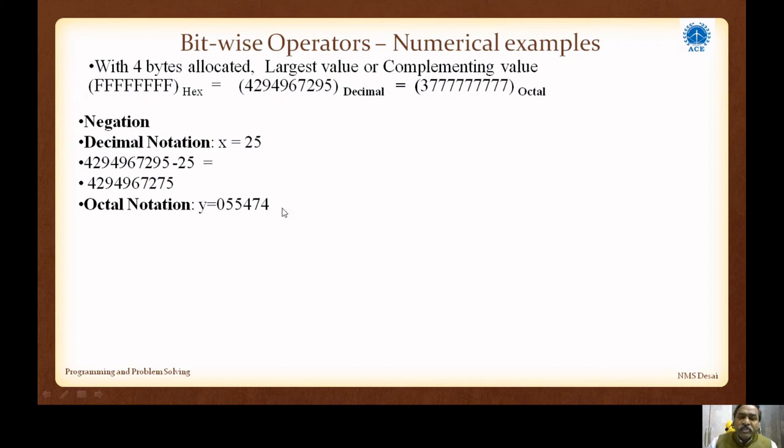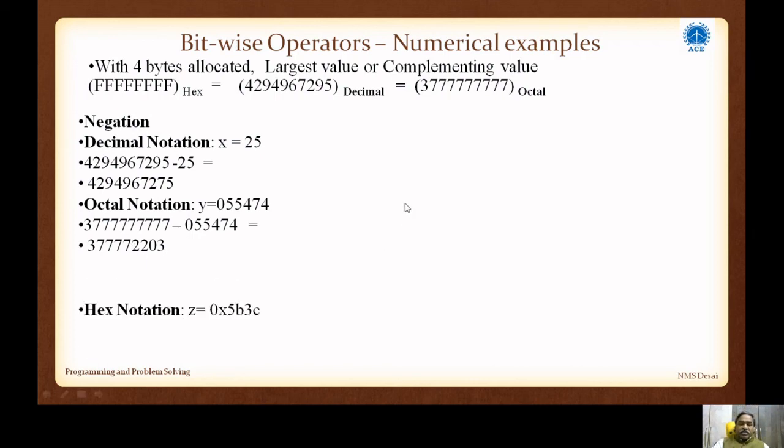This 55474 is to be subtracted from 3 and all 7s. 7 minus 4, 3, 7 minus 7, 0, 7 minus 4, 3, 7 minus 5, 2, 7 minus 5, 2, and remaining 7s and 3 as it is. So I should get the answer as 37777722303. This is what we got in the program also.